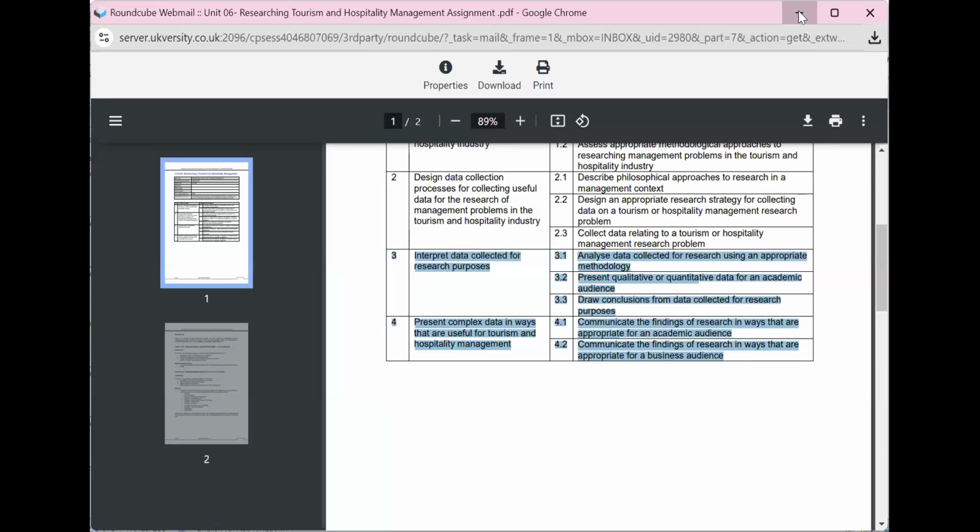You can look at the quantitative and qualitative approaches. You can discuss data collection, and you can draw data.